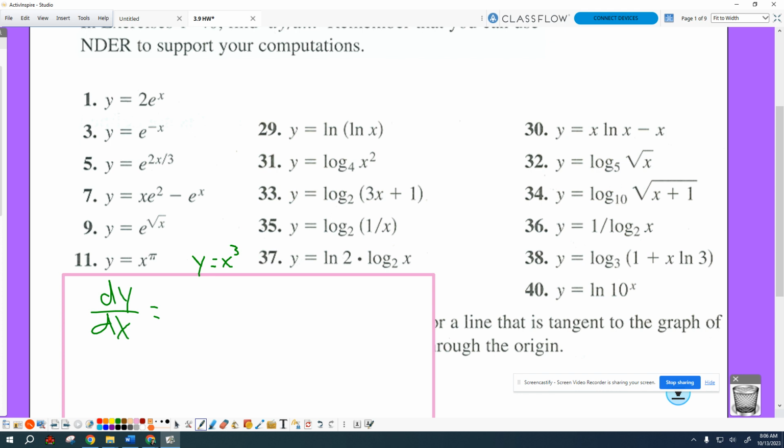Bring down the power, multiply, and subtract. Okay, so is pi just a number? Yeah. So it's pi x to the power pi minus 1. Gross. But it's just a number. That one was just to irritate you. Did it work? It made no difference.